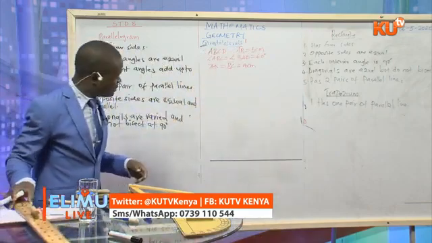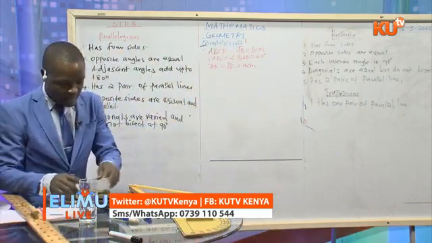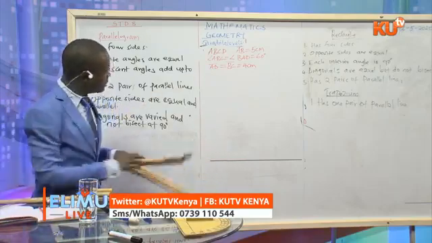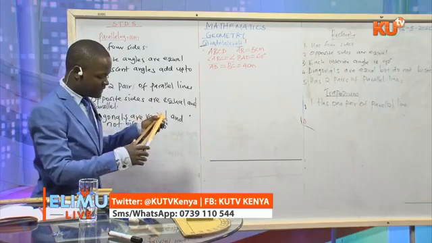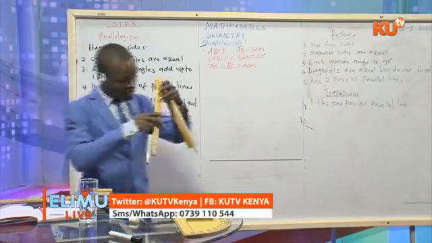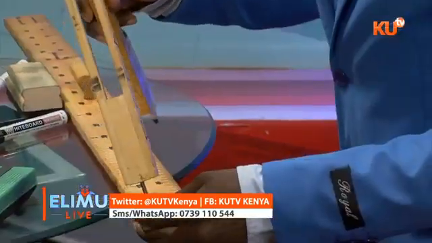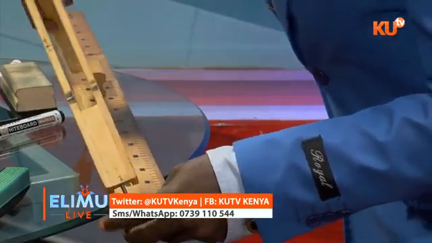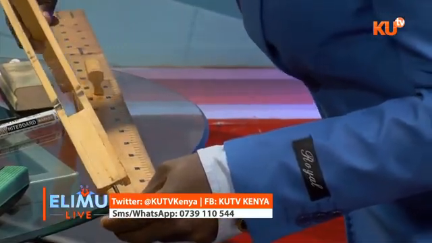And then after drawing line AB, we measure 5 centimeters. So come with your compass and measure 5 centimeters.